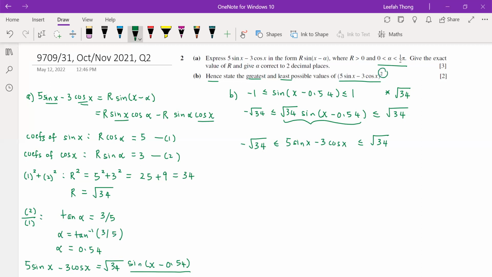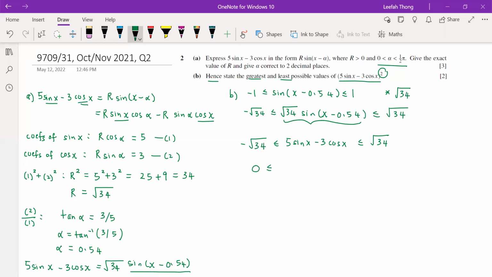There is a square here, so we can square this inequality. Upon squaring, the negative value becomes positive. Then this must have a minimum of 0 because the square of any number must be non-negative, greater than or equal to 0.